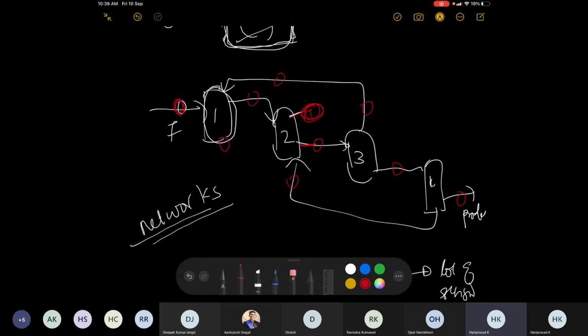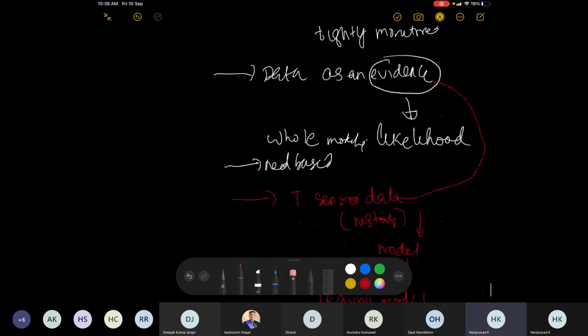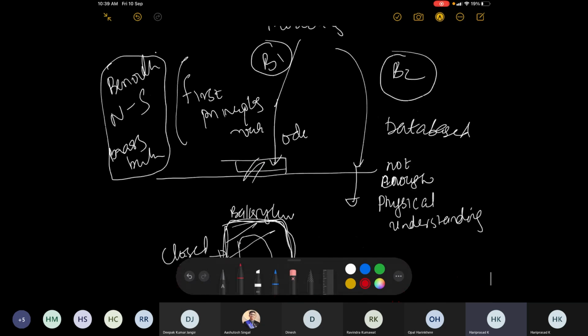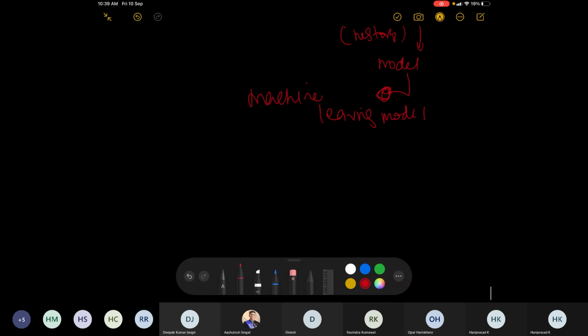You just record the data and look at the data properties, data details, then you use them. So it's a fully, altogether different route. Then you use them for modeling. So this data-driven modeling or machine learning modeling is an alternate path to do this.